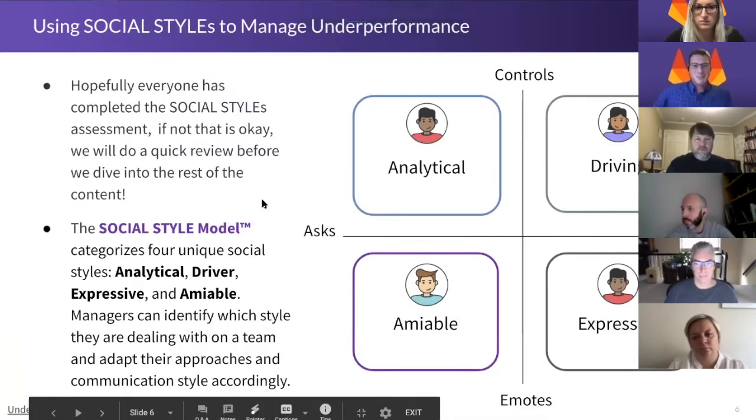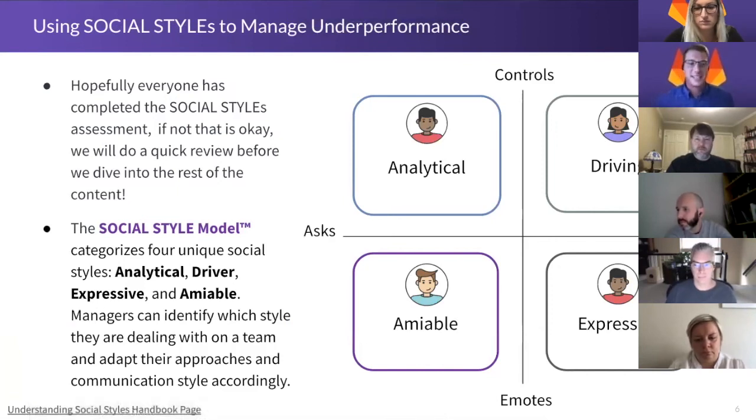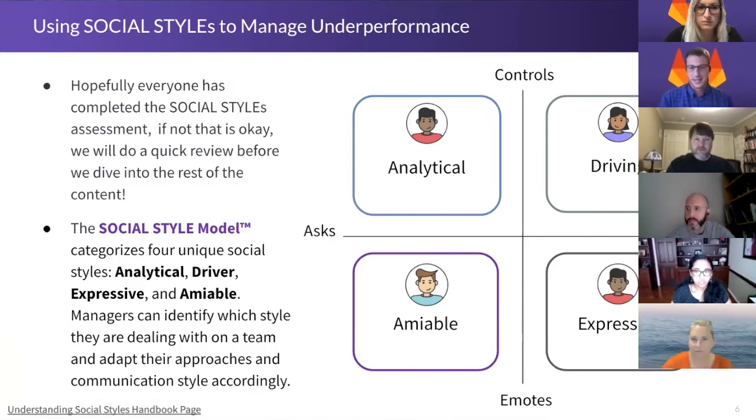So hopefully at this point, everybody has had the opportunity to take the social styles assessment. If not, that's okay. You can go back and do it. But as you know, social styles is a framework. It's just a model. It's not intended to typecast anybody, but it's based off of behavioral drivers. So there are 4 different styles: analytical, driving, amiable, and expressive.